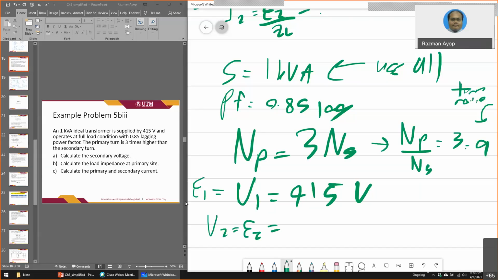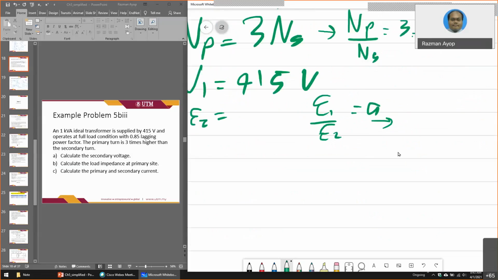So remember the formula: E1 divided by E2 is equal to A. You have E1, so E2 equals E1 divided by A. So E2 is 415 divided by, where is it, 3, right?